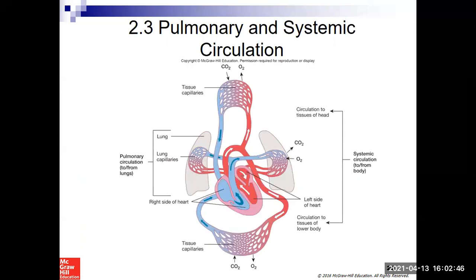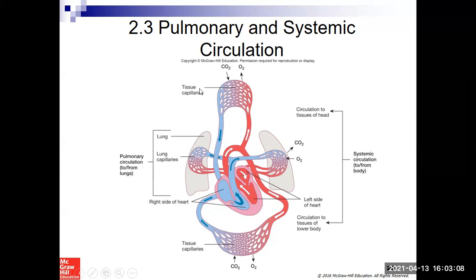All right, so if we look here, we see that we have a pulmonary circulation here. Okay, we have the lungs, lung capillaries. Over here, we have a systemic circulation. It says to and from the body. So the circulation to the tissues of the head, and then we have circulation to the tissues of the lower body. All right, we have a top and a bottom.